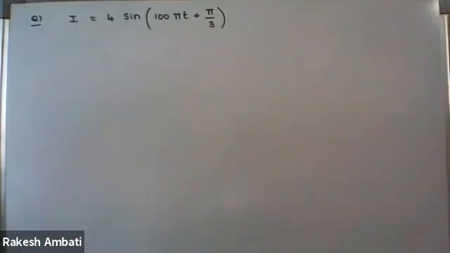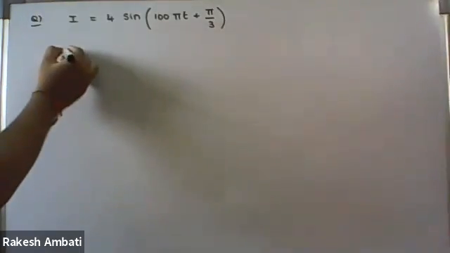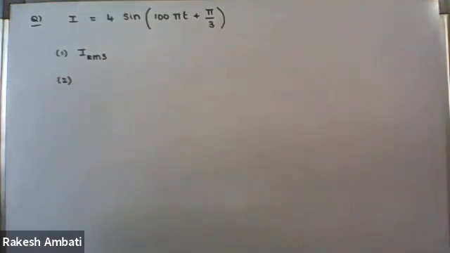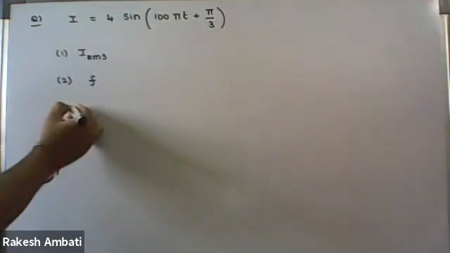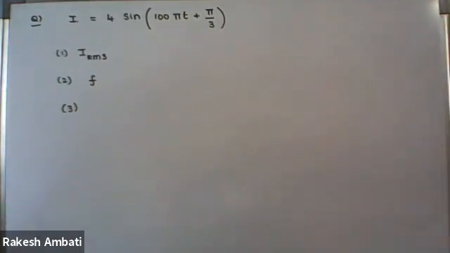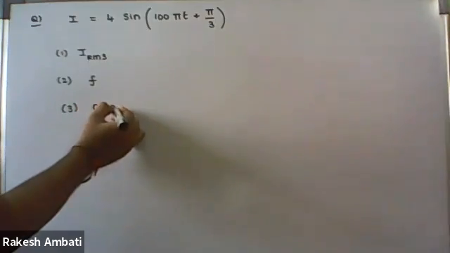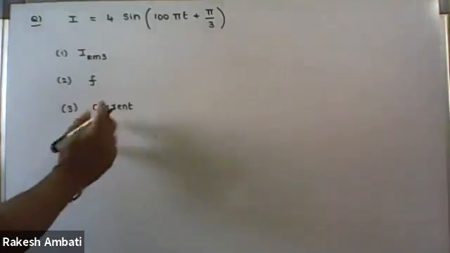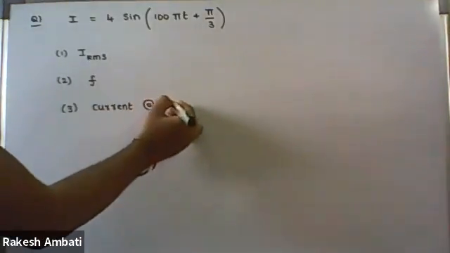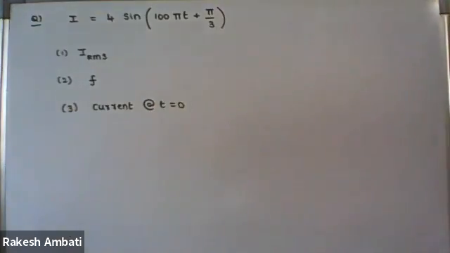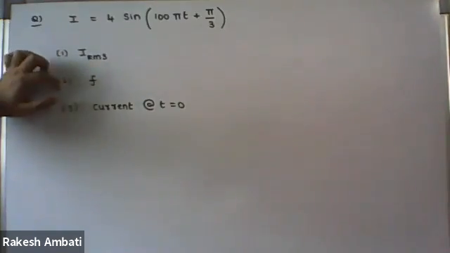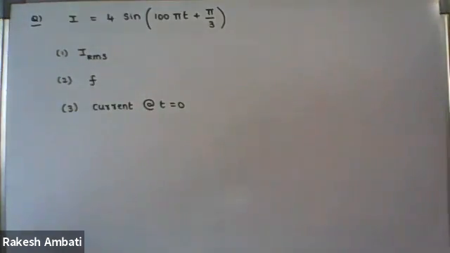First, you have to find IRMS; second, the frequency f; and third, the current at t equal to 0.